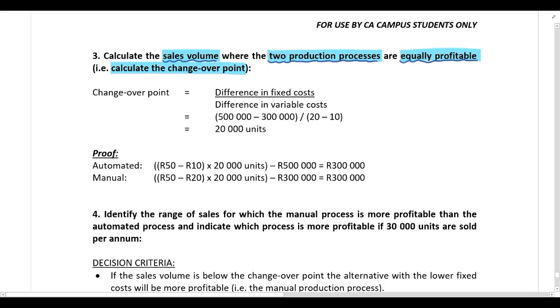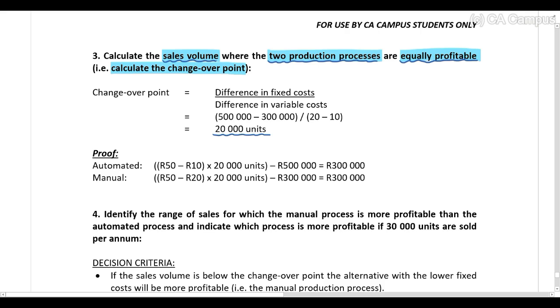It doesn't matter if the company uses the automated production process or the manual production process. At this output level, profits will be equal. So you'll see it's a very simple calculation. Please make sure that you are happy with the calculation. We get a changeover point of 20,000 units.